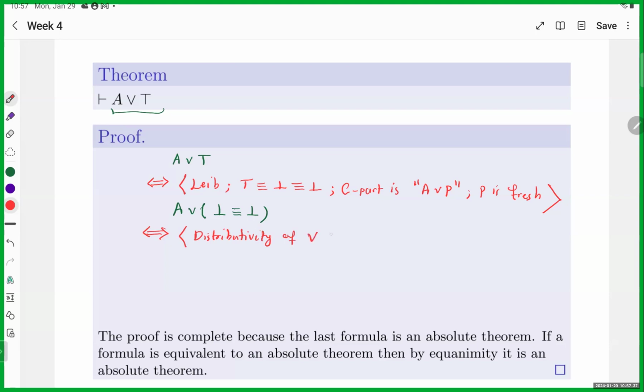Distributivity of or over equivalence, which was one of the axioms. Let me write it here, just to remind you that this is an axiom.